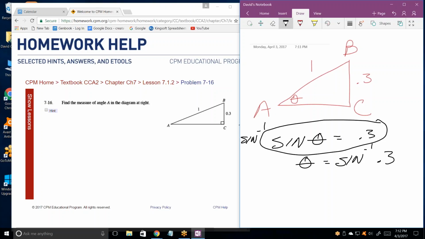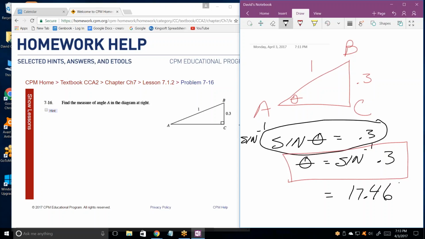If you have the inverse sine of the sine, you're left with theta. But if I take the inverse sine of the left side, I have to take the inverse sine of the right side also. So you end up with theta equals inverse sine of 0.3. What is that number? 17.46. Is that in degrees or radians?